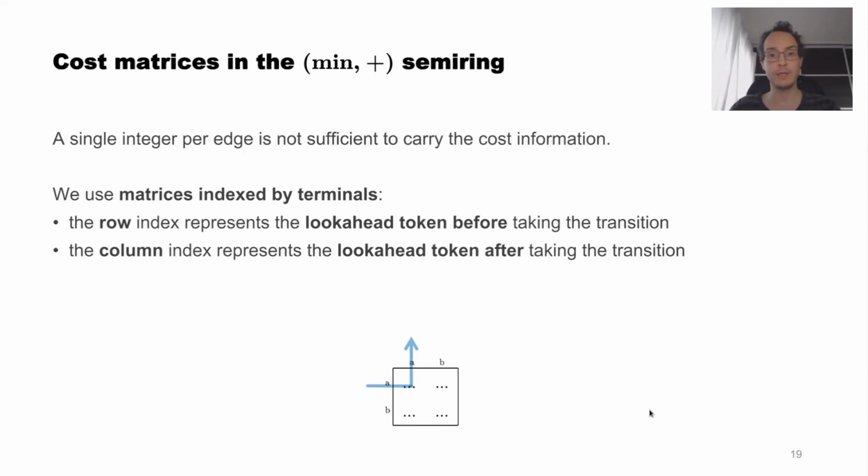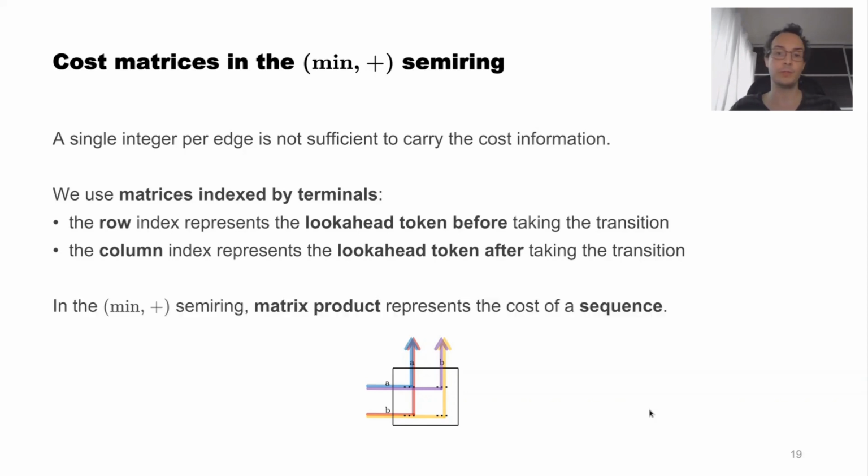For instance, this cell will contain the cost when entering and exiting a transition with lookahead A. This one, the cost when entering with lookahead A and exiting with lookahead B. And similarly when entering with lookahead B. This approach composes. Using the min-plus semiring, matrix products represent the cost of a sequence.